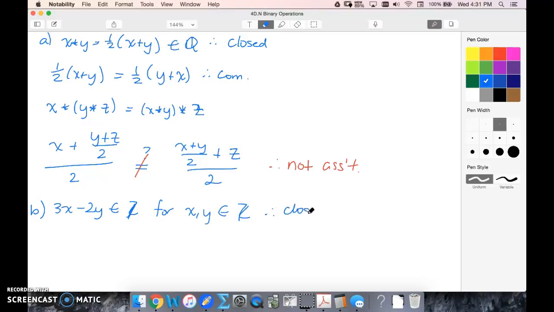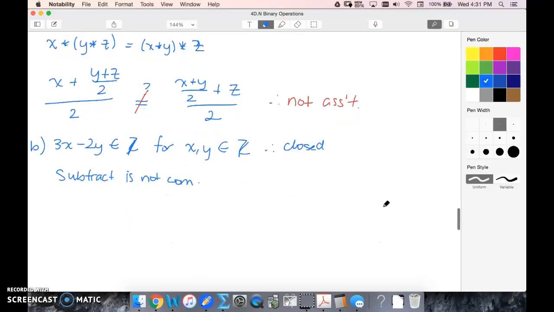Therefore, it is closed. Okay. Subtraction is not commutative, so straight away, in this case, star is not going to be commutative.